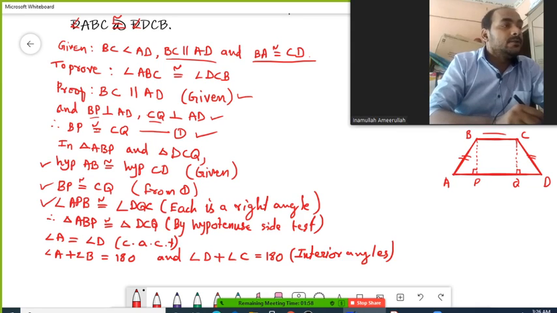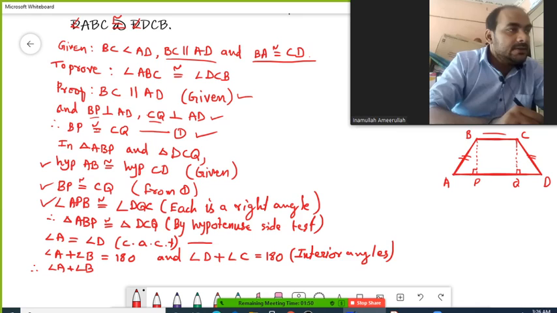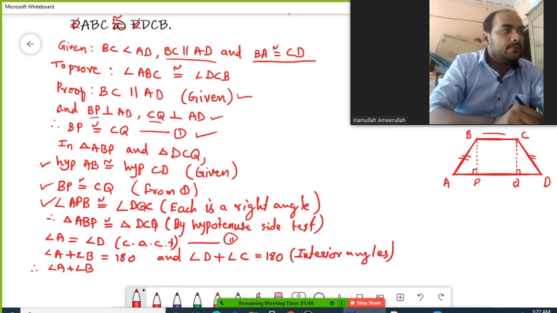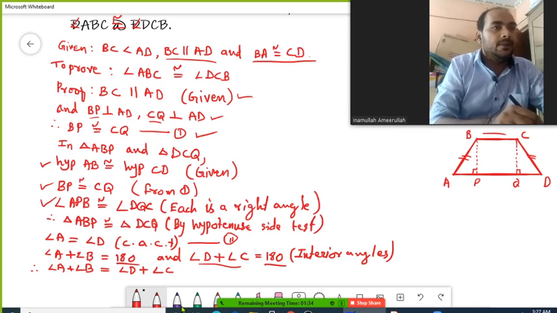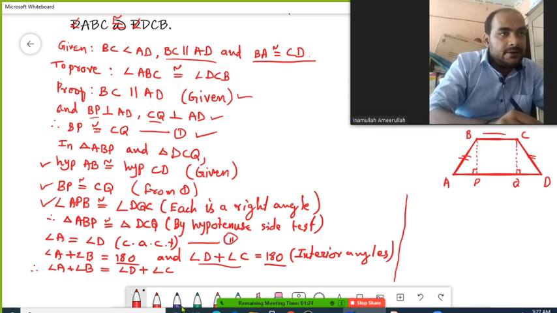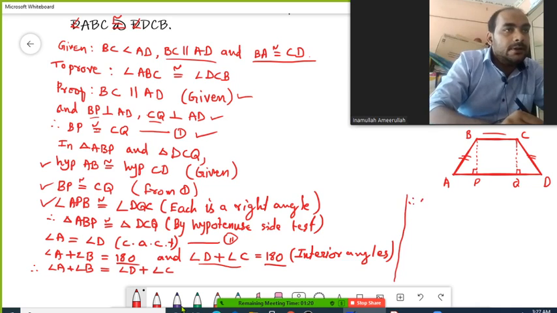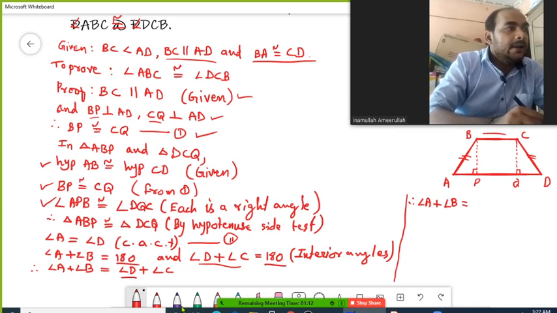Now I can say, therefore, angle A plus angle B, and this can be considered as the second proof, is equal to angle D plus angle C. Here A plus B is 180 and C plus D is also 180, so that's why A plus B is equal to C plus D. Instead of D, I can write A also because A and D are the same.